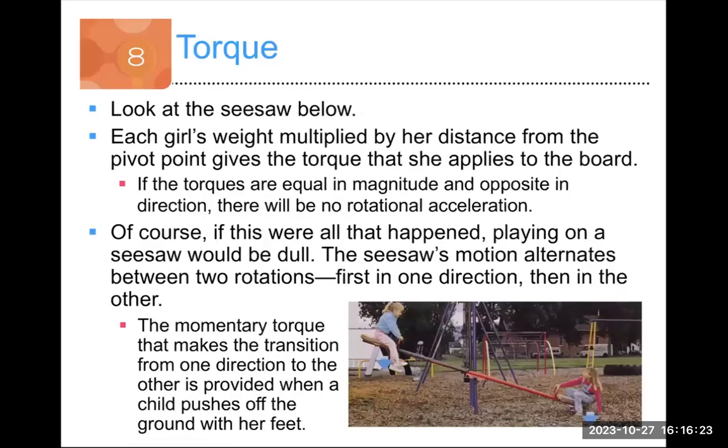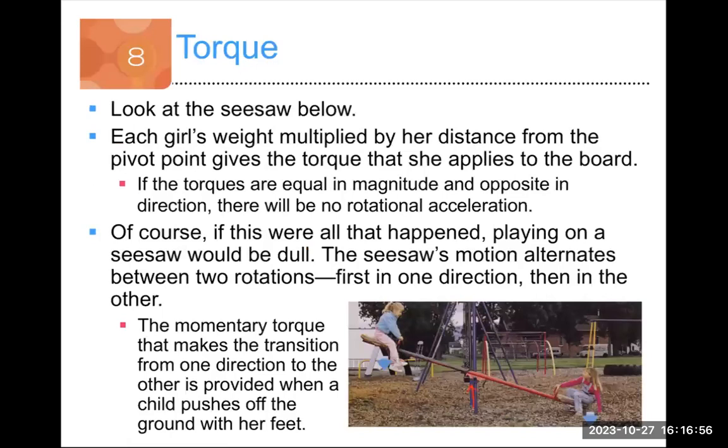If you've ever played on a seesaw, the physics behind the seesaw is that you take the weight of each person and multiply it by her distance from the pivot point. Here's my pivot point right here. That's going to give you the torque that she applies to the board. If the two torques are equal in magnitude and opposite in direction, there's not going to be any acceleration in a rotational sense.